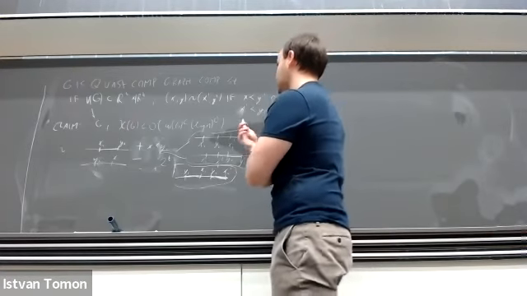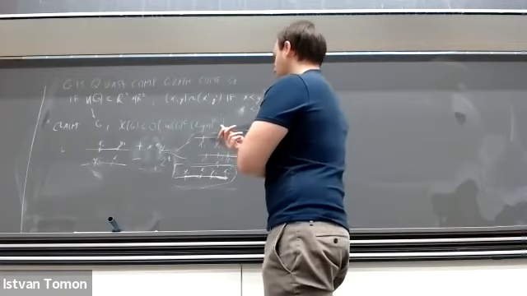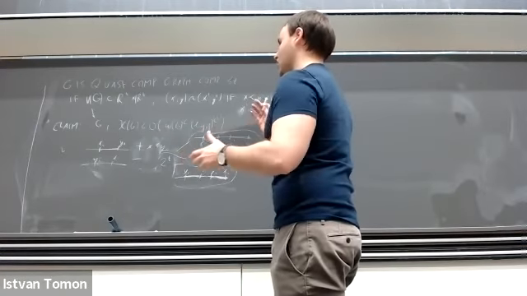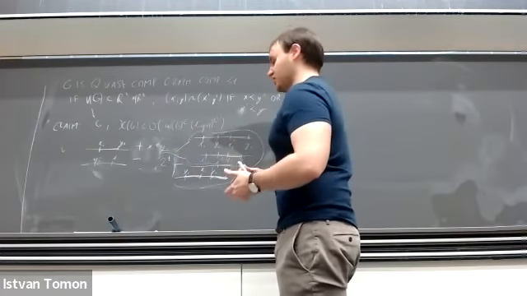But then this suggests that if we have some edge of this graph, then we can again assign a type to this edge.